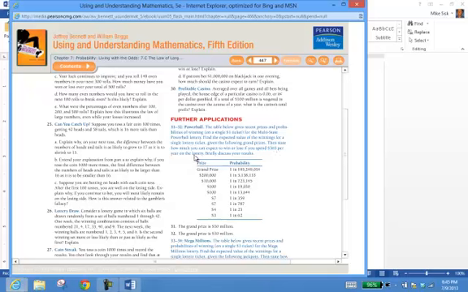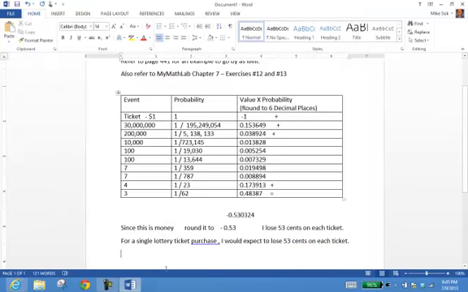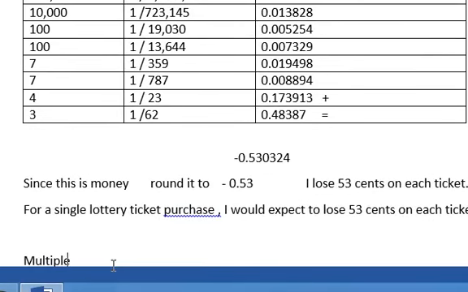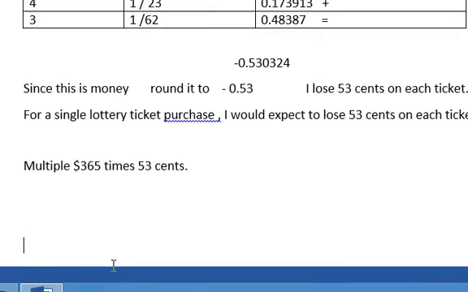In other words, if I spend $1 a day, I buy 365 tickets, what I would do is multiply $365 times 53 cents to find out how much I would lose for the whole year. So I would type in 365 times decimal 53.